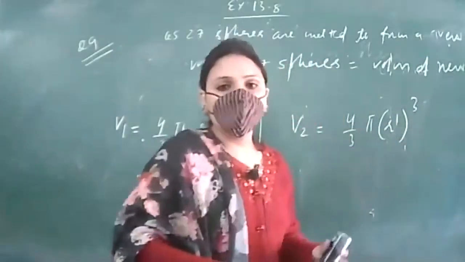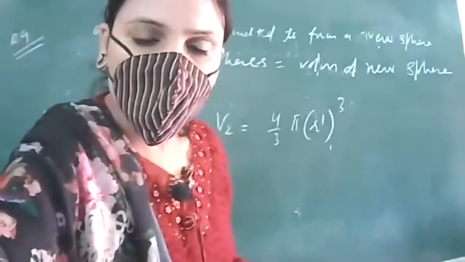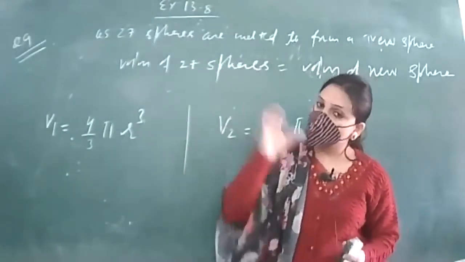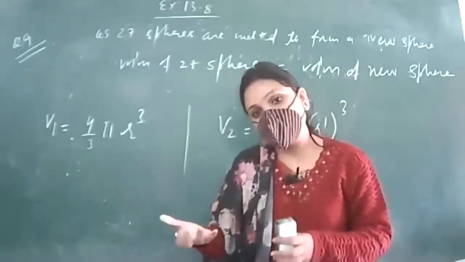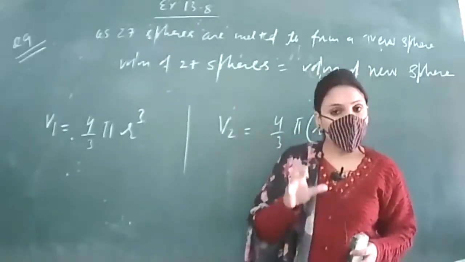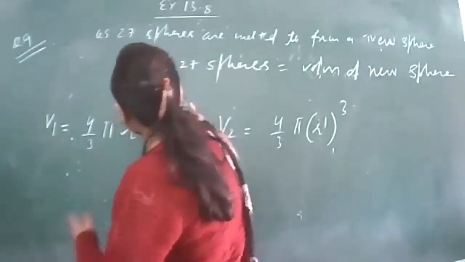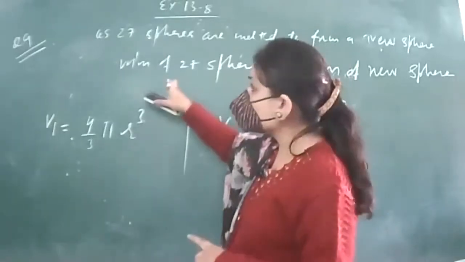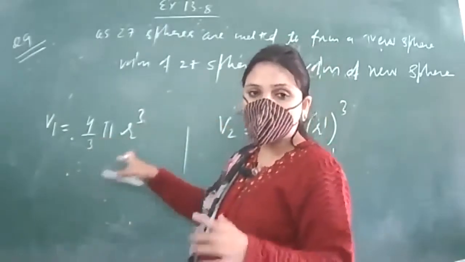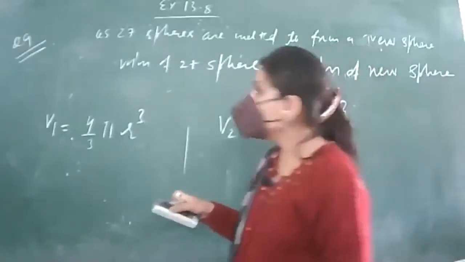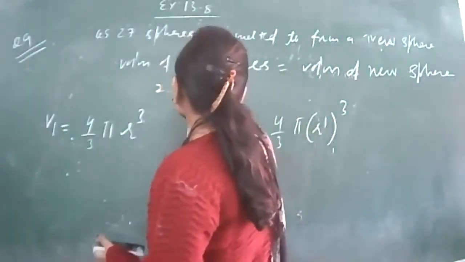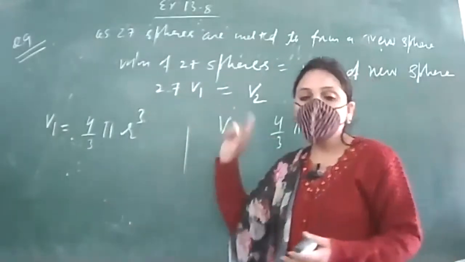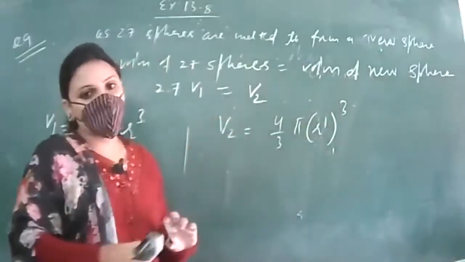This is the concept that we are using, that when the thing is melted to form another thing, that means we are converting one solid in the form of another solid, the volume will remain the same. Chaliye. So this is V1, volume of the old sphere, right? ऐसे 27, अगर एक का वॉल्यूम 4/3 पाई का आर क्यूब है, तो 27 का वॉल्यूम कितना होगा? 27 times V1 is equal to V2. 27 old spheres volume is equal to 1 new sphere volume, right?